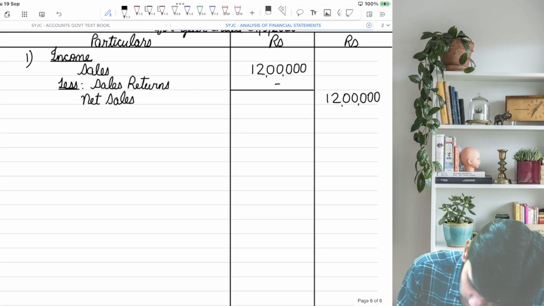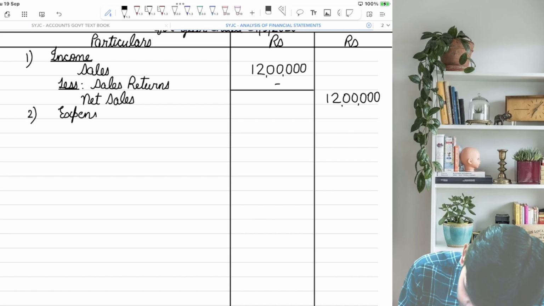Roman number 2, expenses. I'm just preparing like the previous one. Less cost of goods sold.